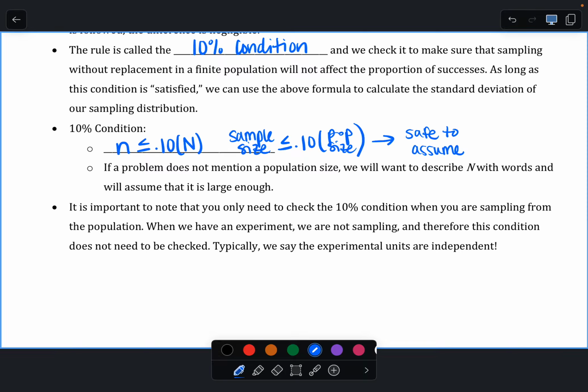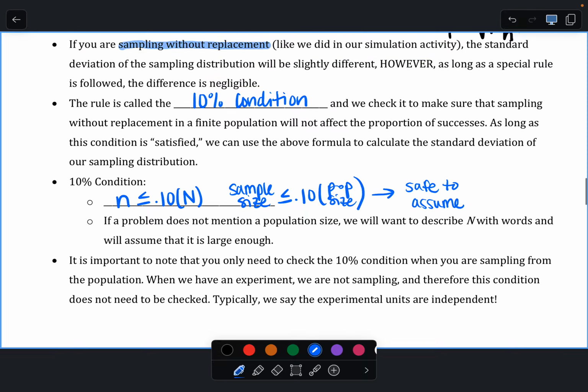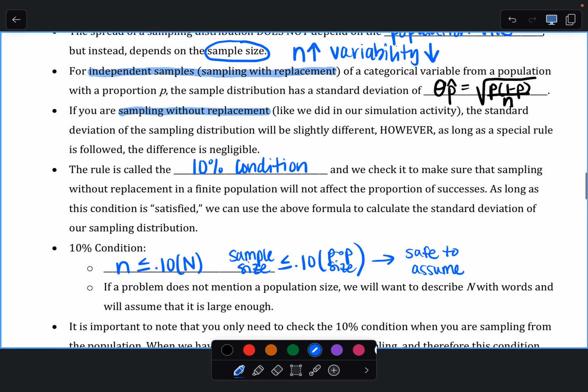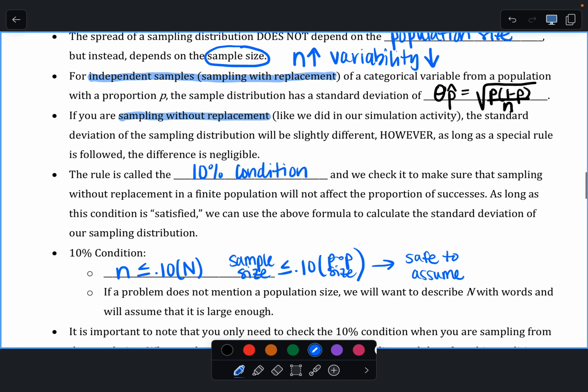Now, when we use 10% condition and when we use independence kind of varies. If you have an experiment where you yourself are changing things, like flipping a coin, rolling a die, or assigning 5 people to a medical study, you can't always assume that there are enough people to satisfy the 10% condition. And so what we generally say in those cases is that they're independent of each other.